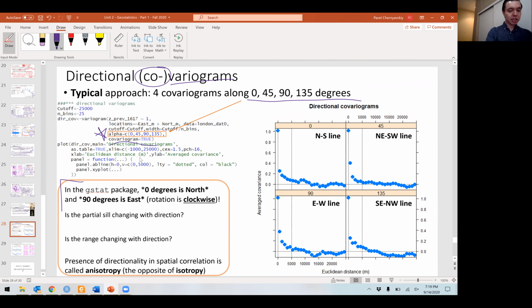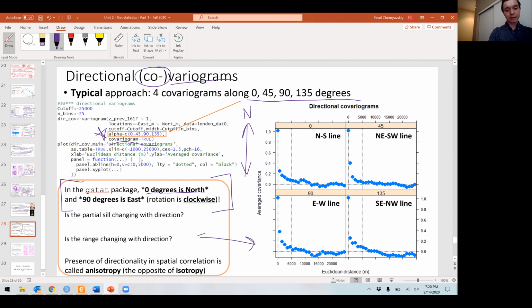In the GStat package, 0 degrees is north. I repeat, in the GStat package, and only in the GStat package, 0 degrees is north. In a different package, 0 degrees might be the east-west line. But in the GStat package, 0 degrees is the north-south line.